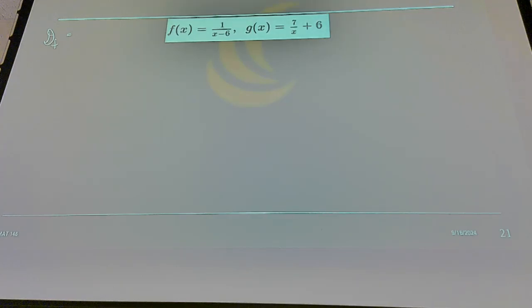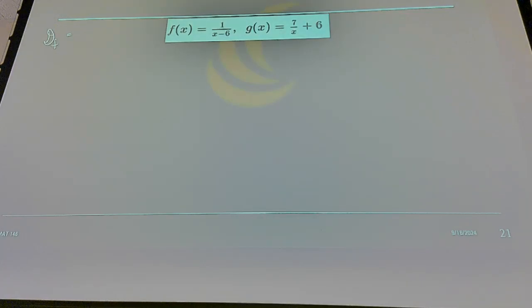Isn't it negative infinity to 6 and then 6 to infinity? Everything but 6. You got half of that, right? Sure.